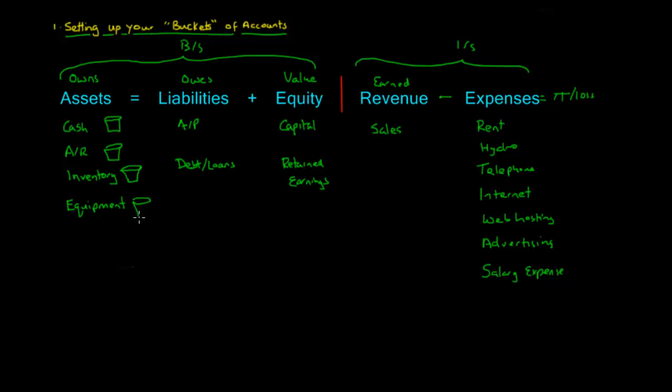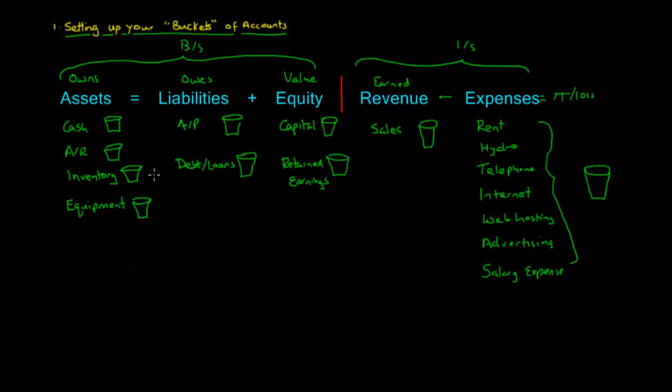And the reason we think of these as buckets is it allows us then to keep track of what goes in and out of each of these buckets, so that at the end of the period we know what the amount left over in these buckets are, and then from that we can easily create our financial statements. Now, there are various buckets here for each of these amounts. There'll be one for retained earnings, perhaps there's one for sales, and then there'll be one for each one of these expense items.